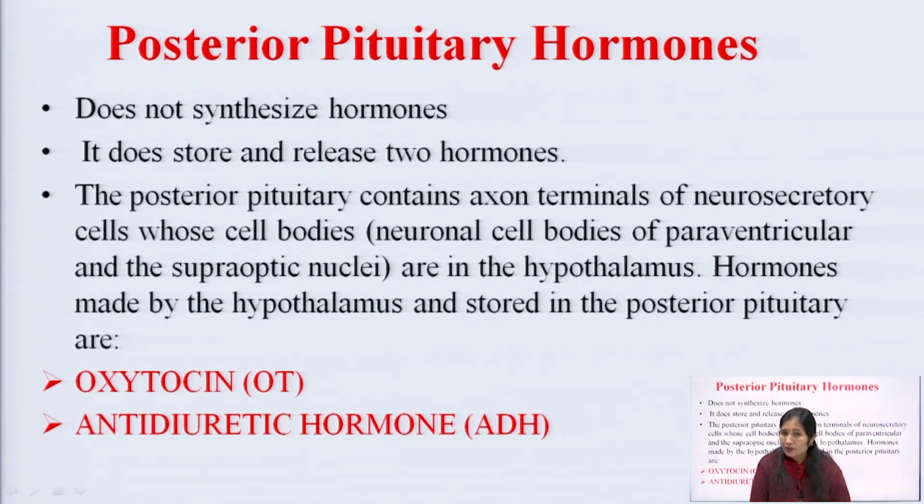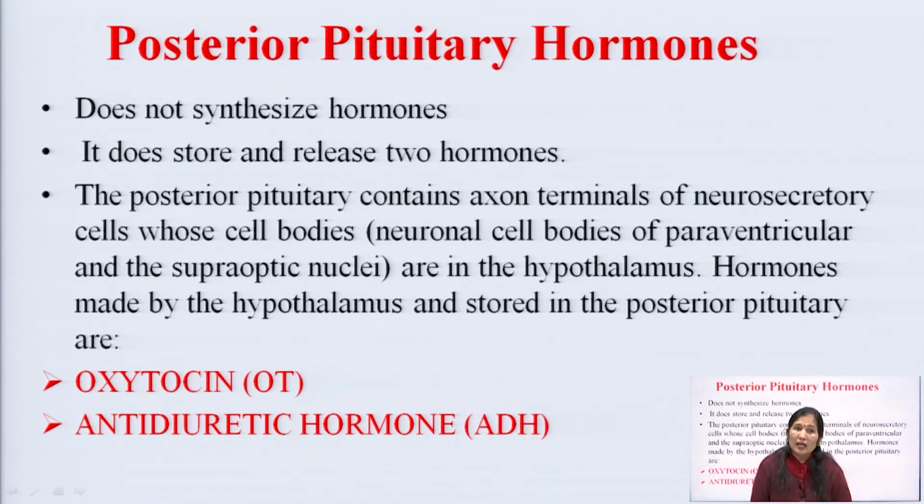Posterior pituitary hormones are not synthesized there; the posterior pituitary only stores and releases hormones. Two hormones, oxytocin and antidiuretic hormone, are posterior pituitary hormones. Once again, the posterior pituitary does not synthesize hormones, it only stores and releases these two hormones.